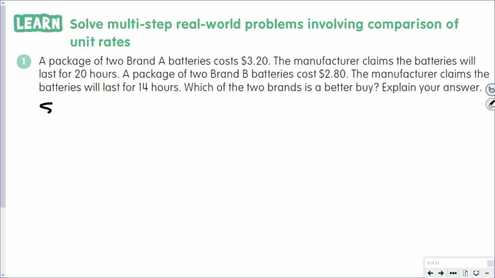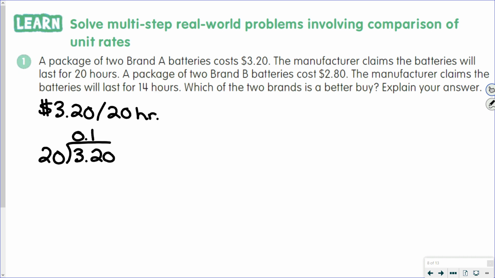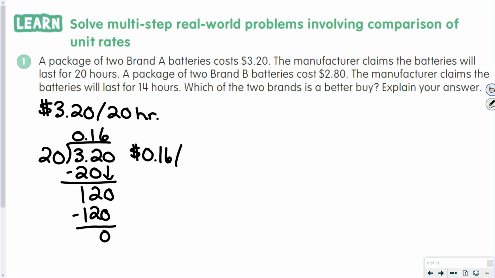So I would suggest looking at it as cost per hour. So if we look at brand A, that costs $3.20 for 20 hours. We do our division. We're going to find out that brand A costs us 16 cents per hour of whatever we do. Gaming, brushing our teeth, whatever, remote control car, whatever we use our batteries for.